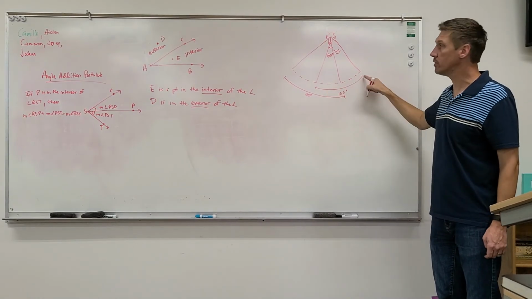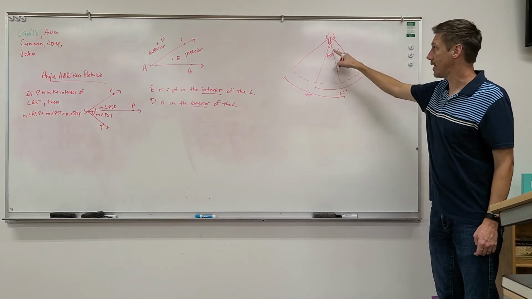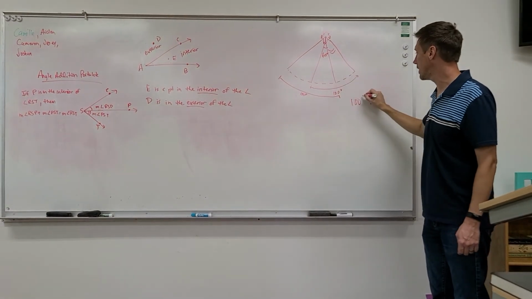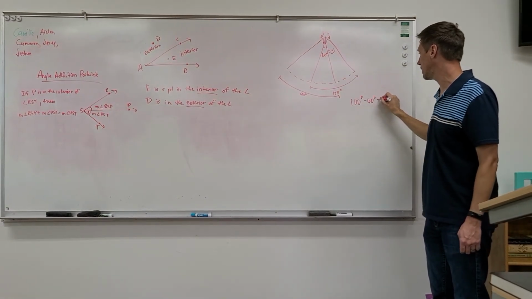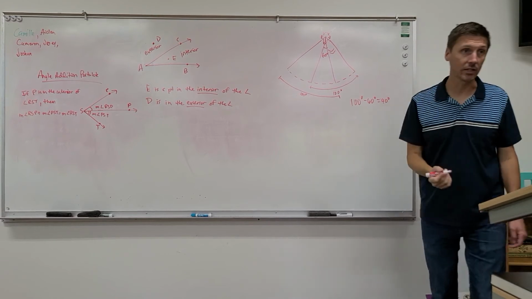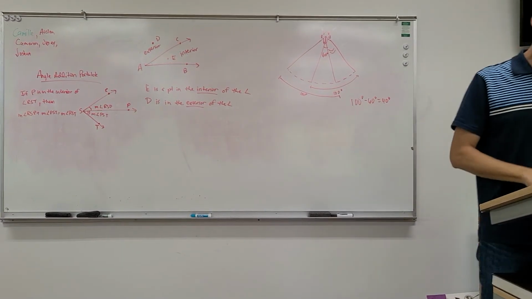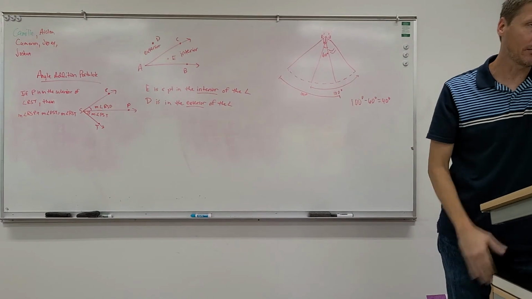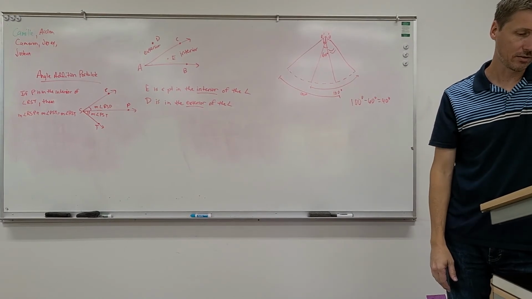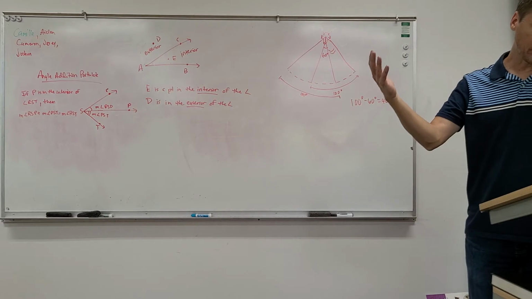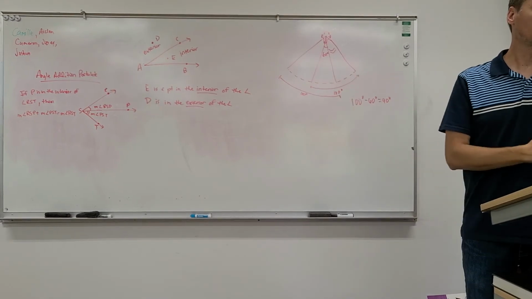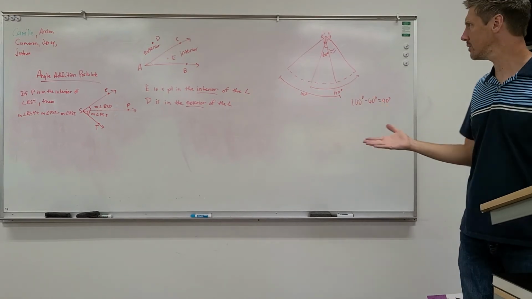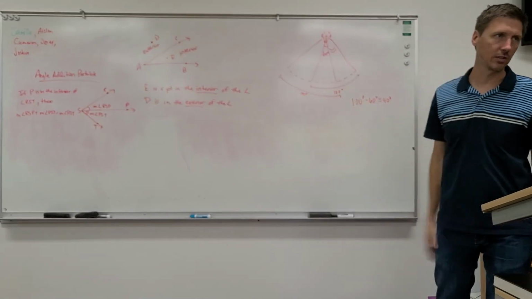If this total is 100 degrees, and this takes up 60, so this area over here would be 100 degrees minus 60 degrees equals 40 degrees. And that's the answer. Okay. But it doesn't make any sense because they tell you at the very beginning, each eye has an angle of vision measuring 100 degrees. So find the angle of vision seen by the left eye alone. You just told me each eye is 100 degrees, so wouldn't the left eye alone be 100 degrees? I'm very confused at how they lay out this problem.